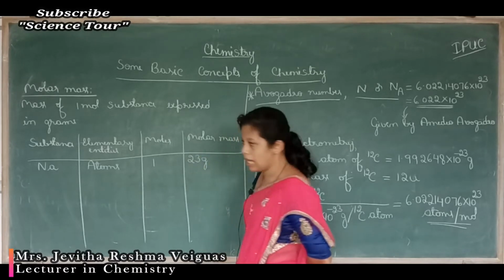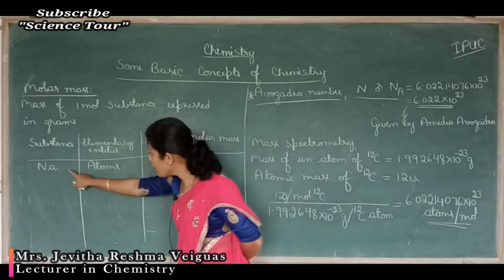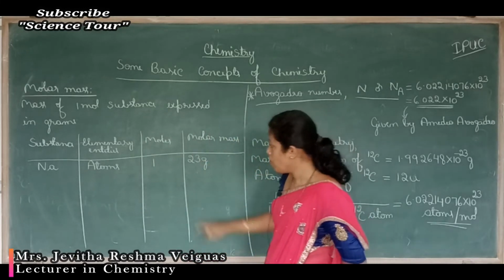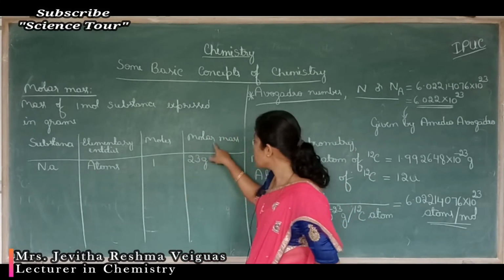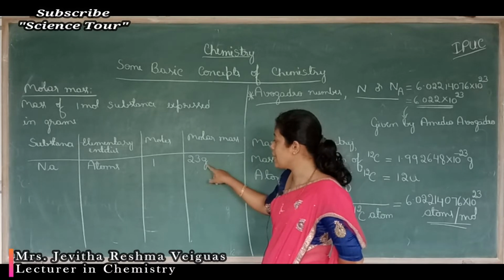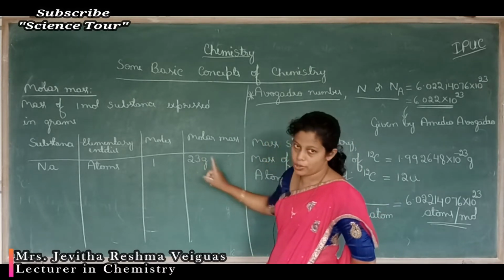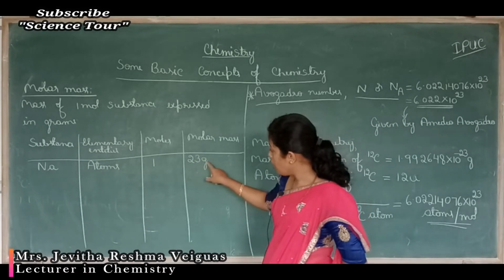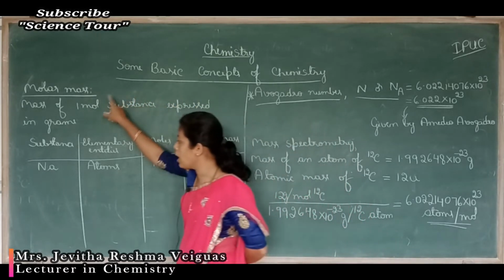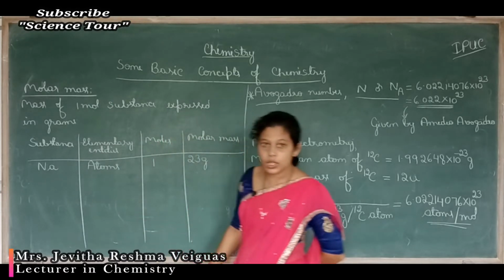Here 23 grams is the atomic mass of sodium. So the mass of 1 mole is called molar mass if it is expressed in grams. So molar mass is atomic mass here. Atomic mass expressed in grams is the molar mass for atoms like sodium.